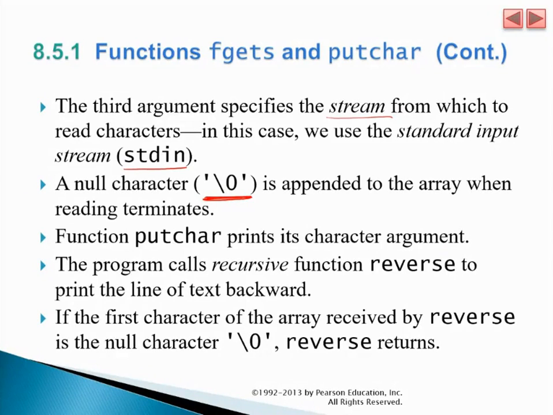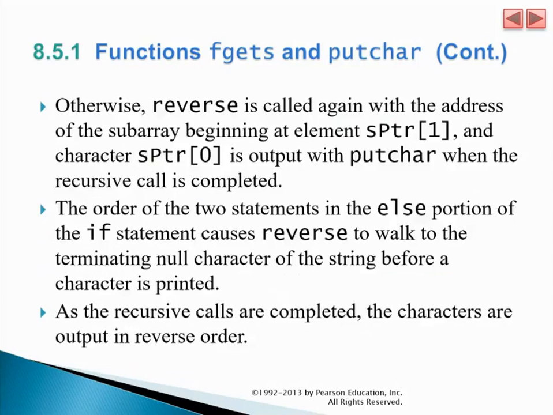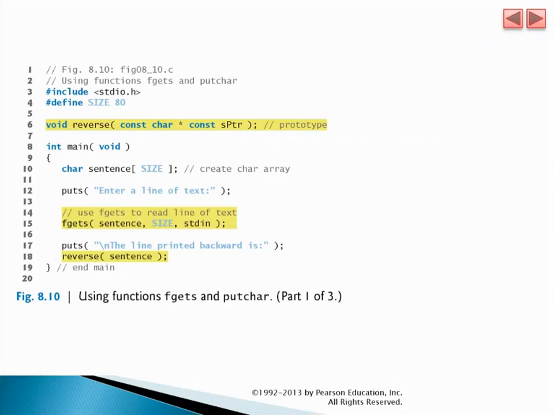Okay, so now let's make use of these two functions, fgets and putchar, and make a recursive function called reverse, which will actually reverse the string given to it. So let's see these functions, and we will also see the use of fgets and putchar. Now stdio.h, because these are the functions of this library only.